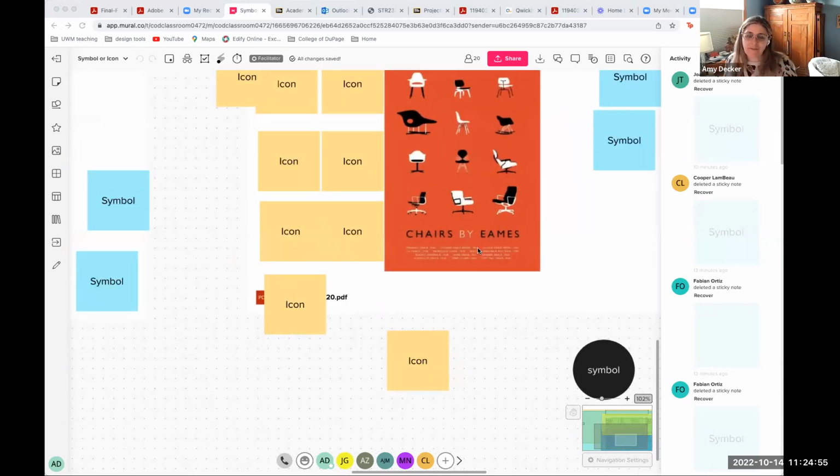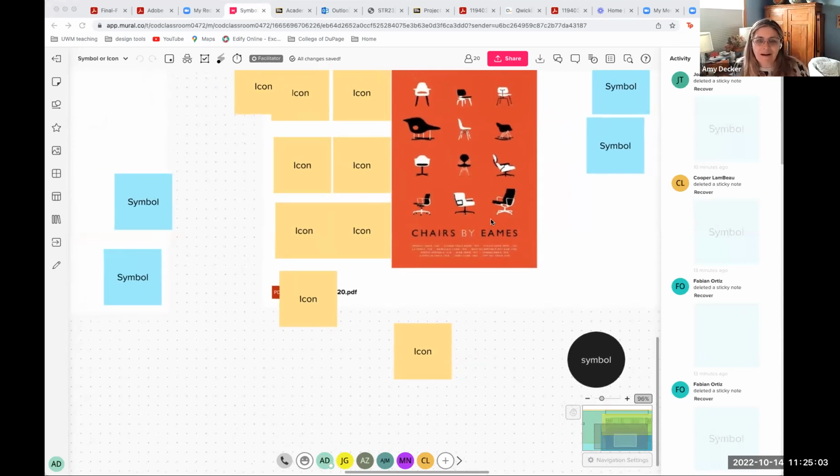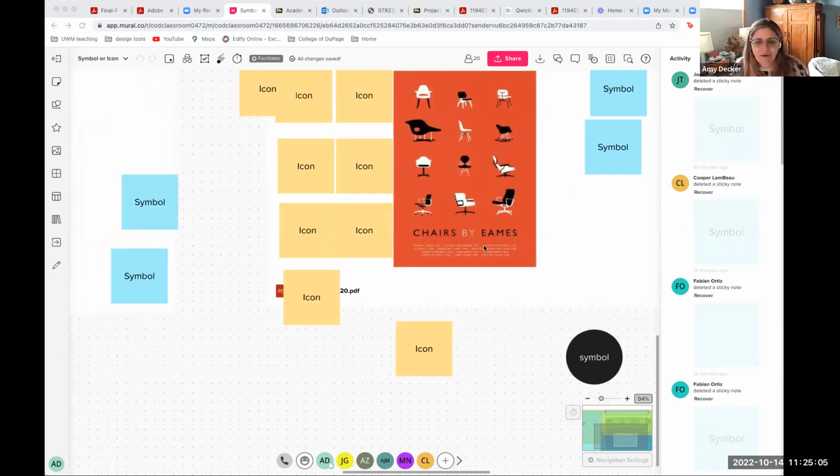The design of an Eames chair is a status symbol. It's an icon. They designed so many amazing chairs in their day. They are iconic.